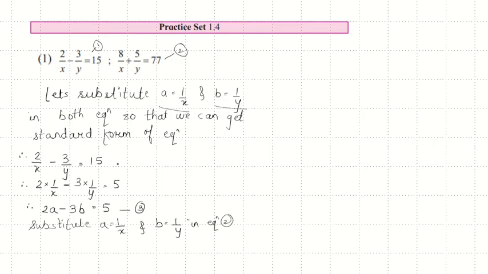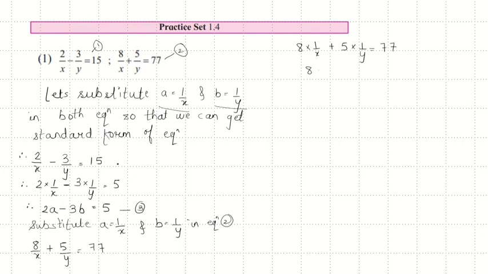So 8 upon x plus 5 upon y is equal to 77 can also be written as 8 into 1 upon x plus 5 into 1 upon y is equal to 77.